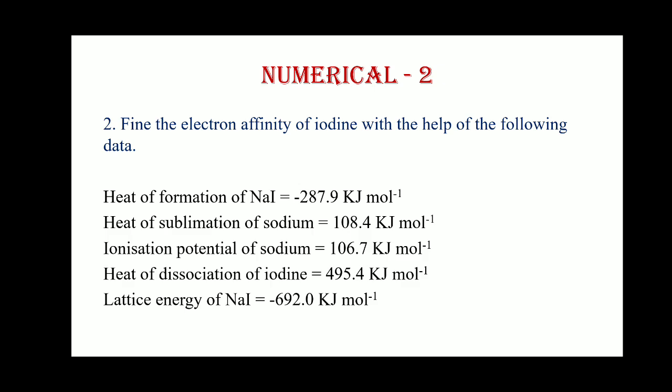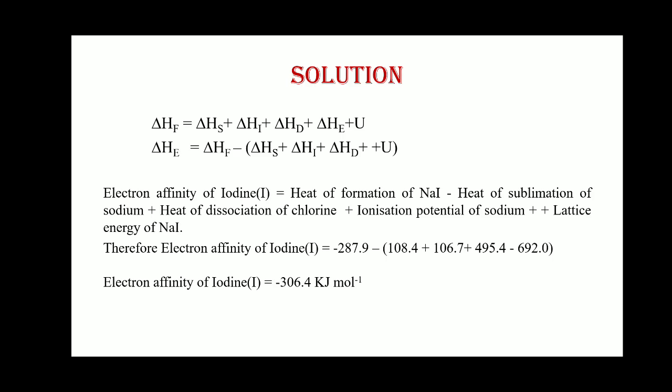So the applications of the Born-Haber cycle also tell us that you can find any quantity if all other quantities are known. We use again the formula that we used in numerical one, that is delta HF is equal to delta HS plus delta HI plus delta HD plus delta HE plus U. Now here we have to find delta HE. Then delta HE will remain as it is here.